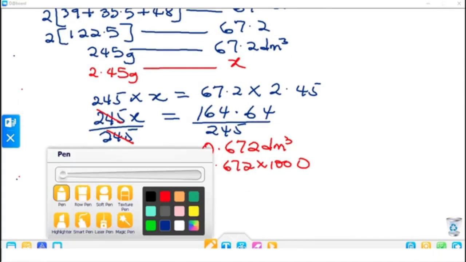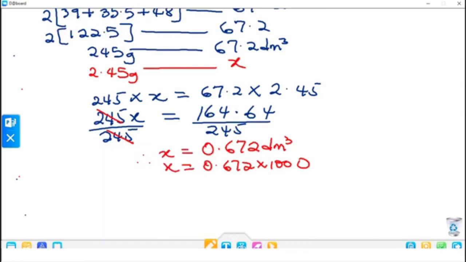So our x will be 672 cm cube. And that is it. So either in cm cube or in dm cube, your answer is correct.